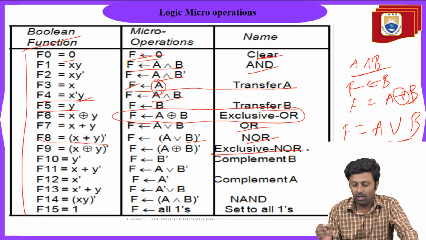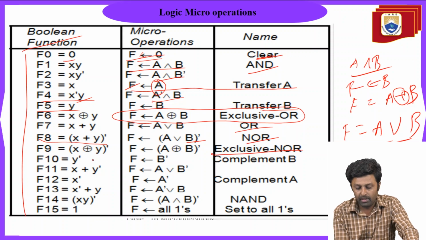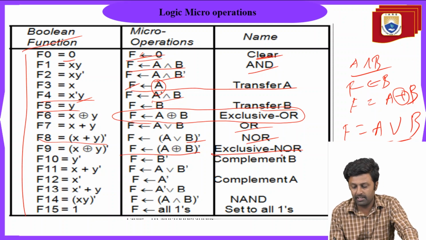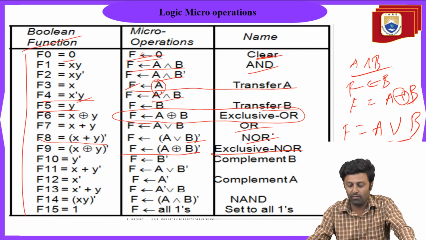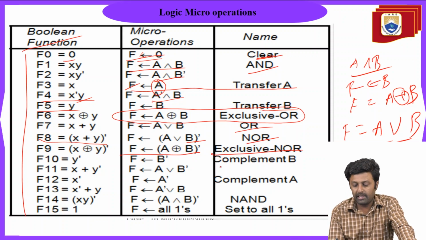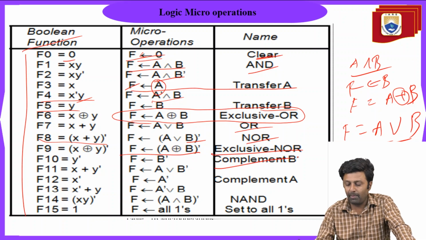For the XNOR operation, we have to write A XOR B whole dash, that is XNOR operation, exactly the opposite of the XOR operation. Then for the complement, we use B dash.